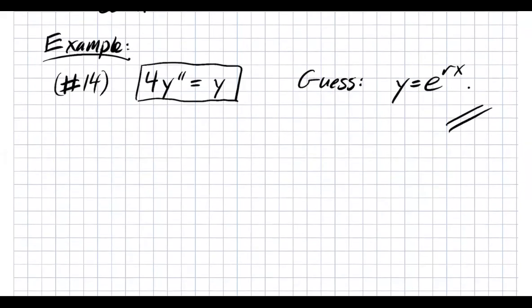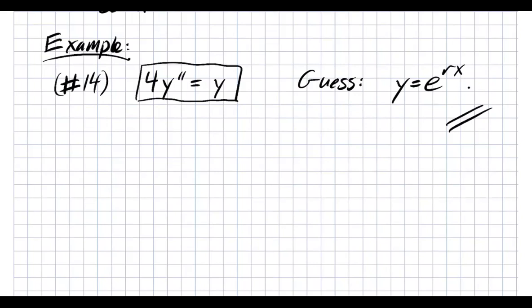Now we're given this differential equation 4y double prime equals y, and we'd like to find the solutions of this, maybe one or possibly more than one solution of this differential equation.